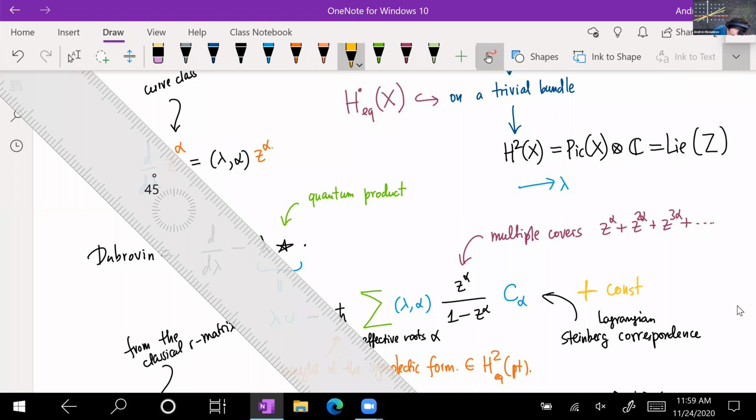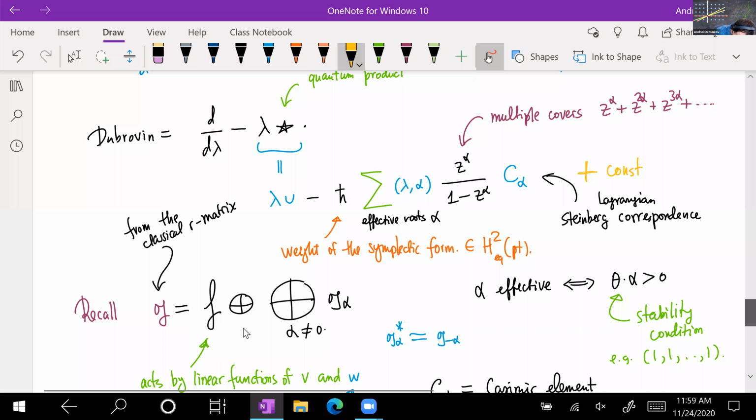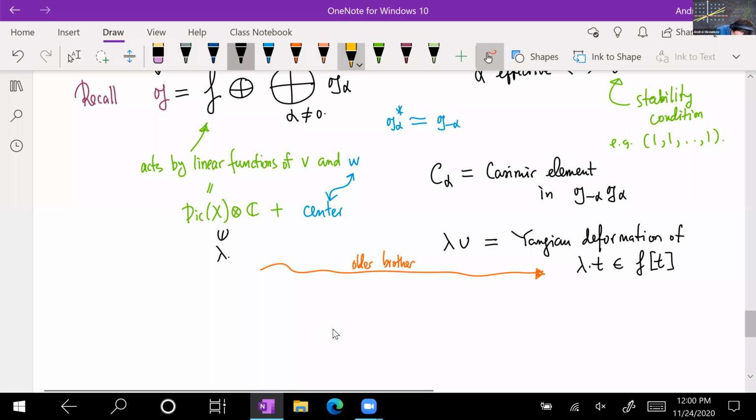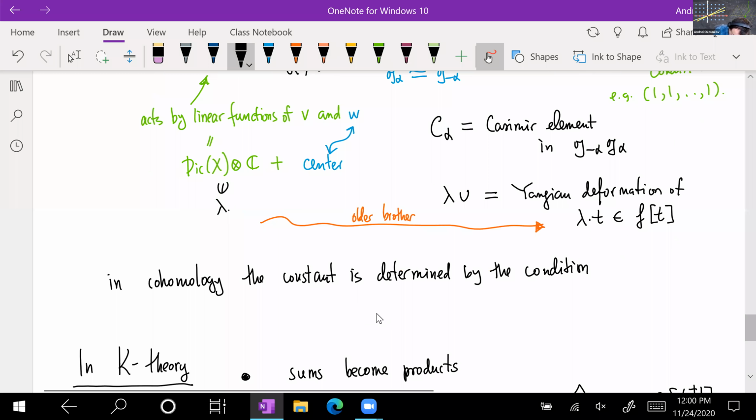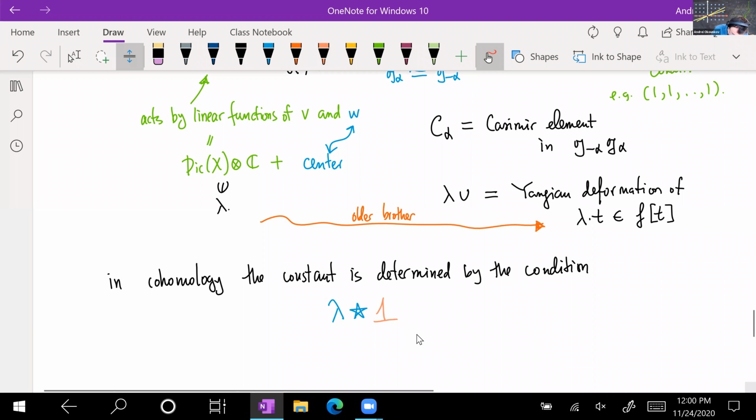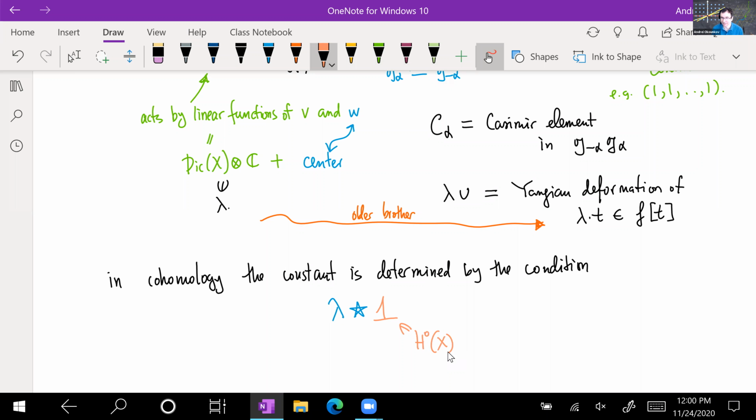In cohomology, the constant is determined by the condition that if I take the quantum product with one, it's an element in H0 of X. This is really the identity in cohomology.